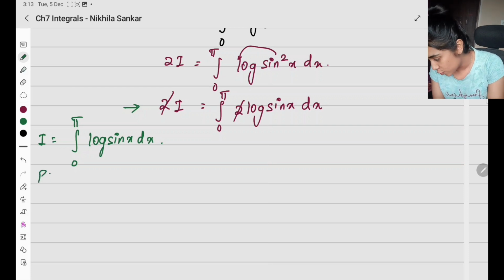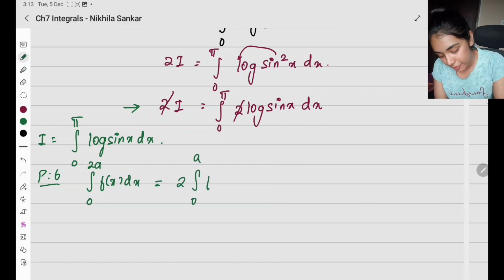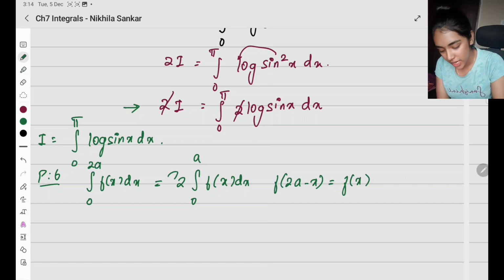Now I'm going to use property number 6, where it says integral 0 to 2a of f of x dx can be 2 times integral 0 to a of f of x dx if f of 2a minus x equals f of x. So this is one condition, and 0 if f of 2a minus x is going to be minus f of x.